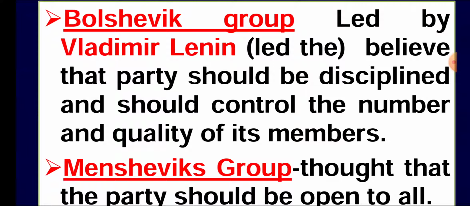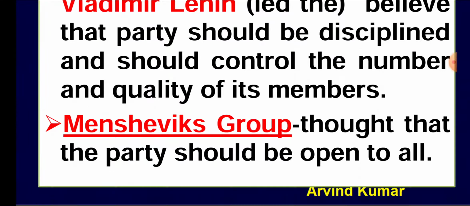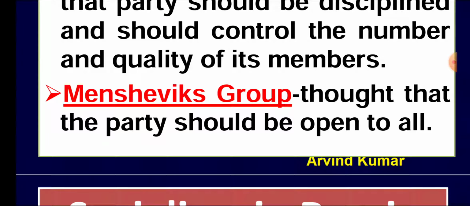Because till April 1917, Vladimir Lenin was not in Russia, he was exiled. Exiled means he was sent outside the country because of his treason against the king, his conspiracy against the king.